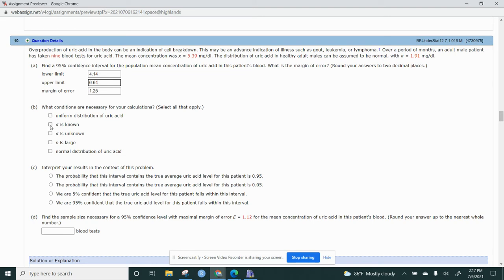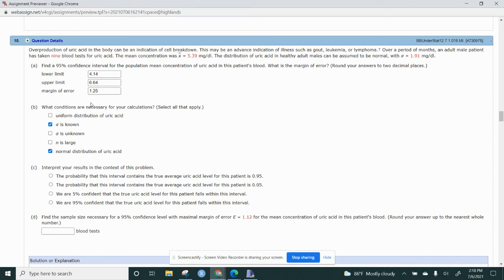Okay, so it wants to know how I knew how to do that. Well, I knew my population standard deviation because here it is, highlighted in blue. My sample size was not large because I only had 9, but I did have a normal distribution because it said the distribution can be assumed to be normal. So those are the 2 things that I knew about.